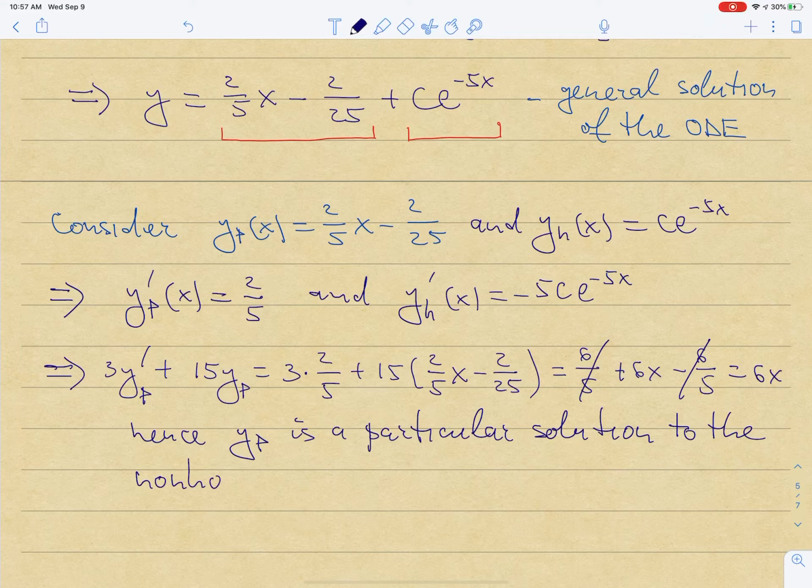Non-homogeneous ODE. Recall, non-homogeneous means that the right-hand side is not equal to 0. 3y prime plus 15y equal to 6x.